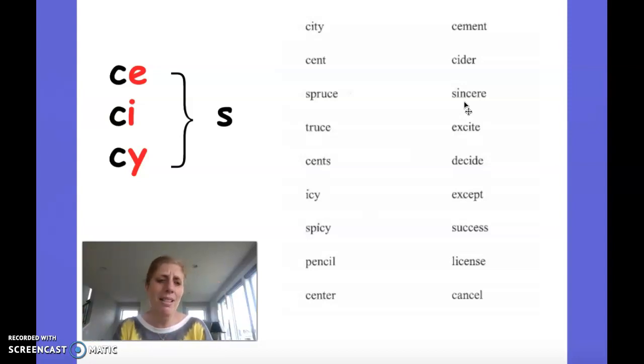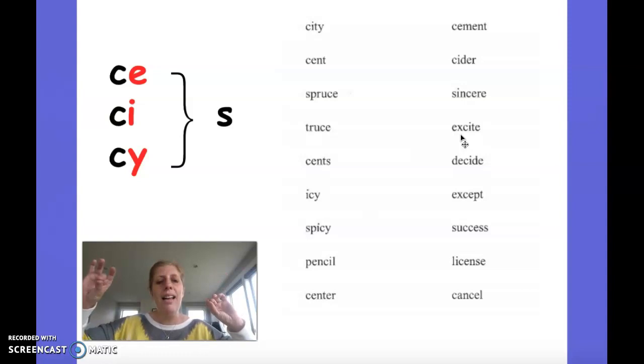What does it mean to be sincere? Remember when we wrote our Flat Stanley letters and we wrote sincerely? And we talked about what that word means. Do you remember what sincere means? Sincere means like you mean it when you say it, okay? Or when you write it. We write sincerely at the end of letters because with that closing, what we're telling our readers is, I really mean what I just wrote or what I just said. It was sincere.